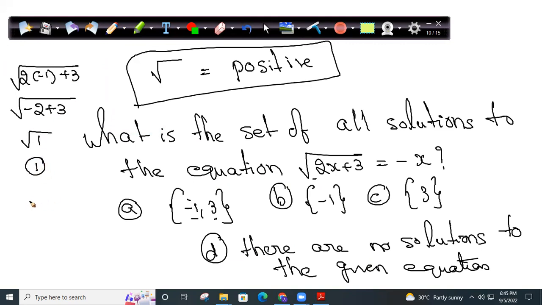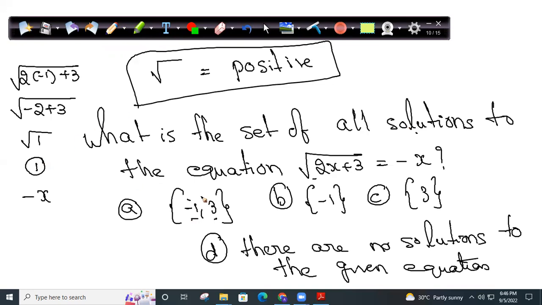And what is the meaning of solution? Again, I'm repeating, solution means the value of x that satisfies the given equation, as simple as that.